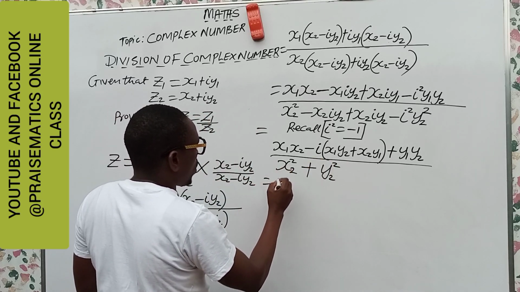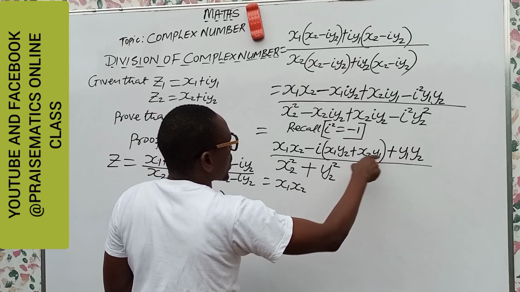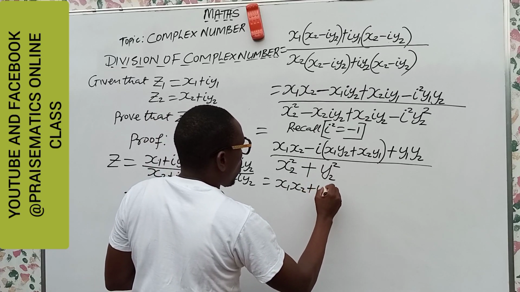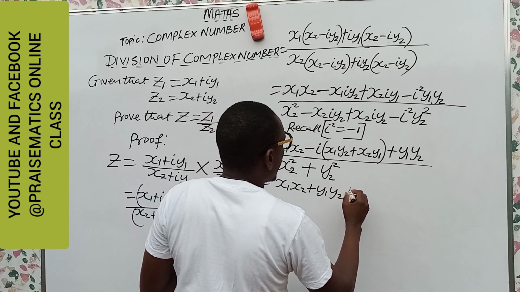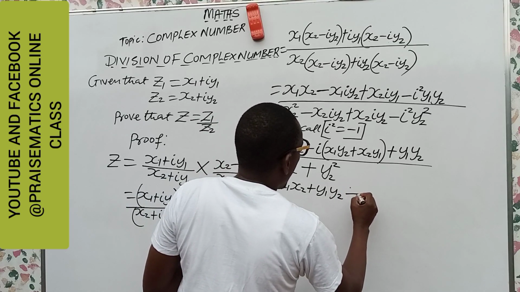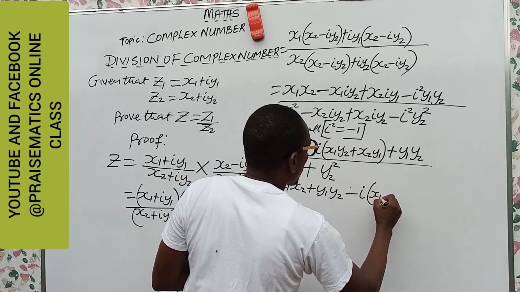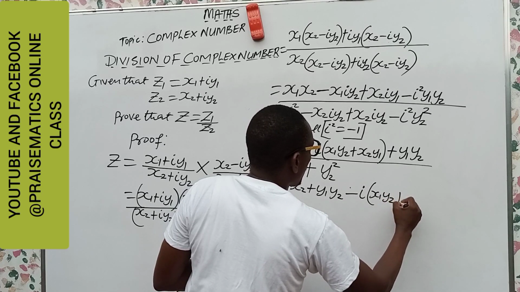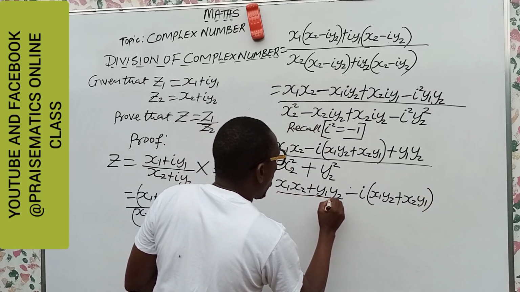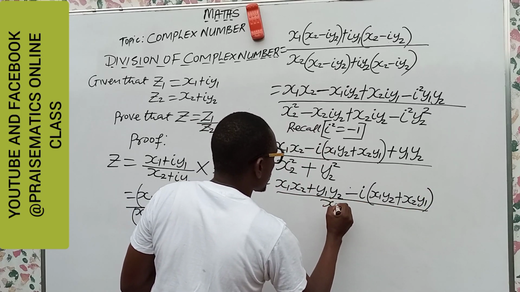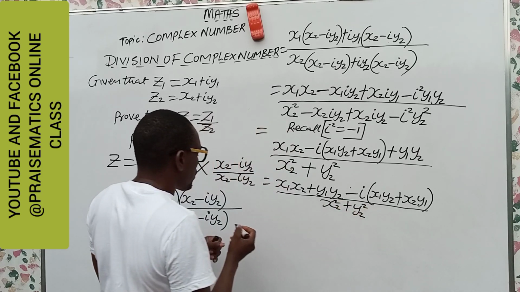Okay, finally we collect like terms, which is x1, x2. Collect all the numbers without i together, which is plus y1, y2, minus i into x1, y2 plus x2, y1. Close it, all over x2 square plus y2 square.